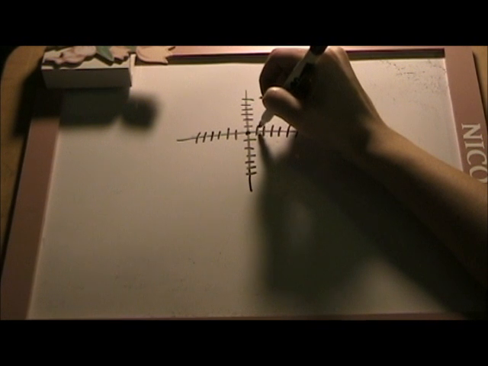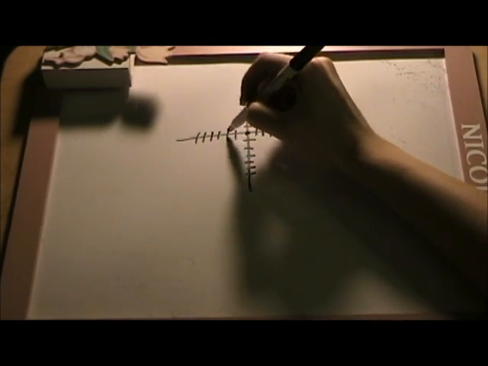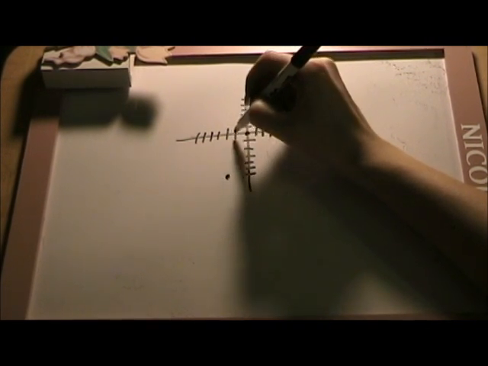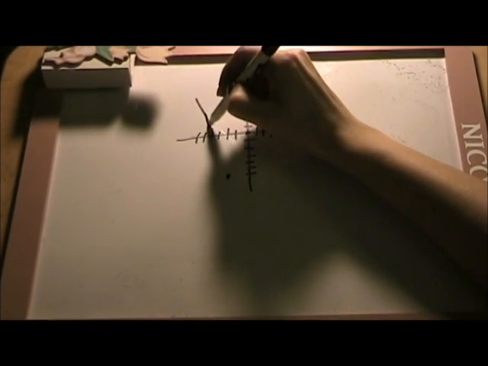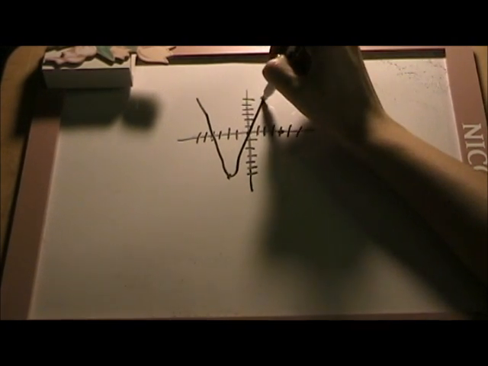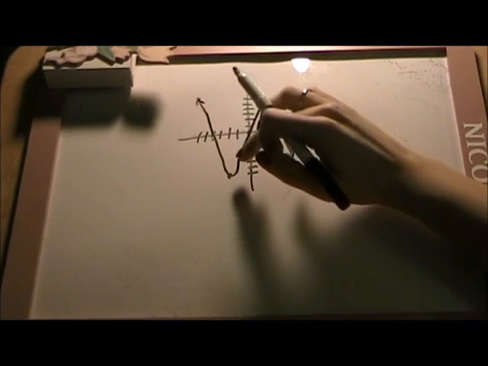And we'll put a point at 4, 0. We'll put one at -2, -6. And -4, 0. So it'll look like this. Oh, beautiful. Okay.